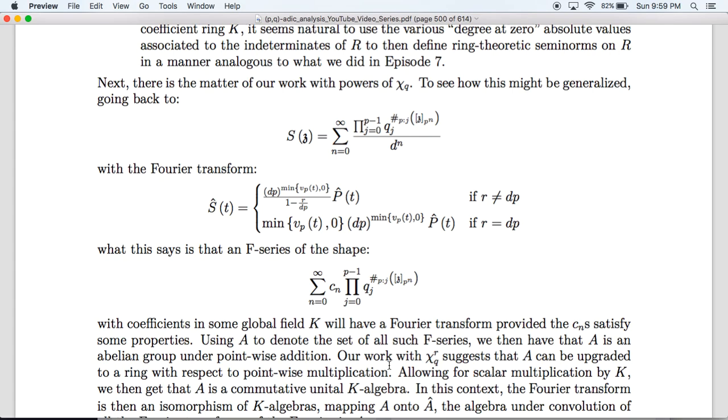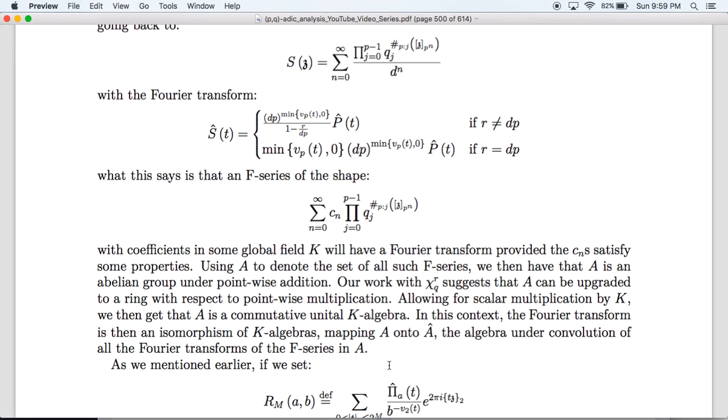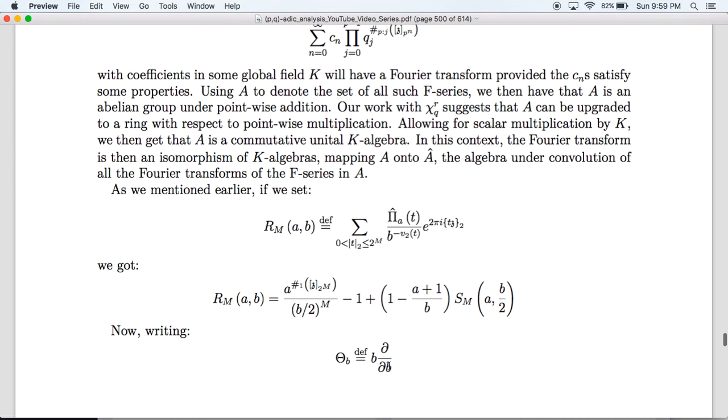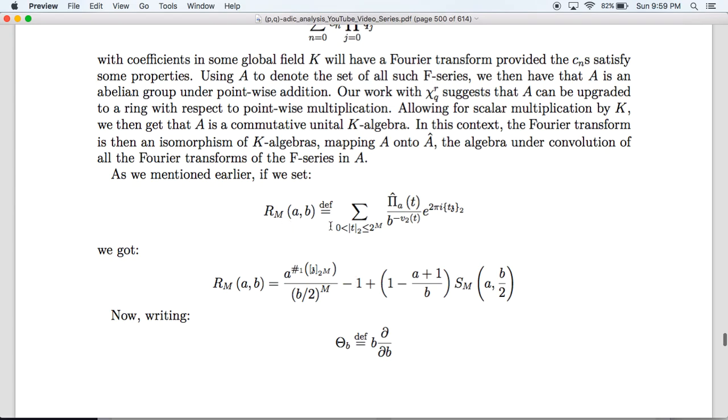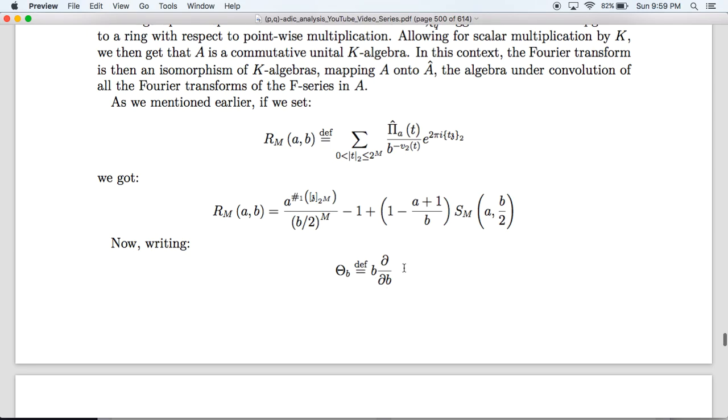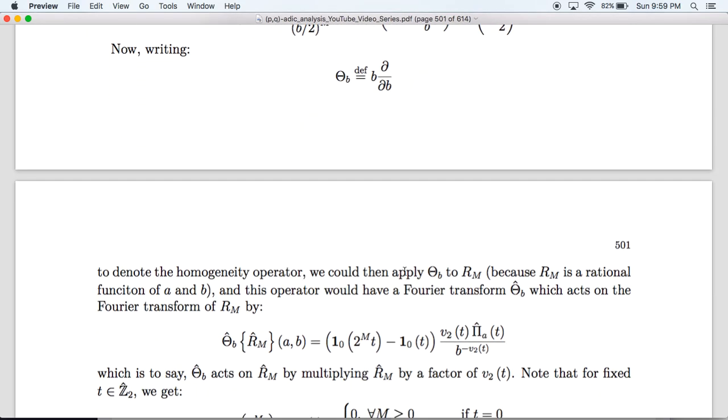In this context, the Fourier transform is then an isomorphism of K-algebras, which maps A onto A hat, where A hat is the algebra under convolution of the Fourier transforms of all of the F-series in A. As mentioned earlier, if we set R_m to be the m-th partial sum of this Fourier series, we get that this is going to be a rational function in a and b, and so letting big theta_b be our homogeneity operator, this operator would then have a Fourier transform, phi_b hat, which acts on the Fourier transform of R, like so.